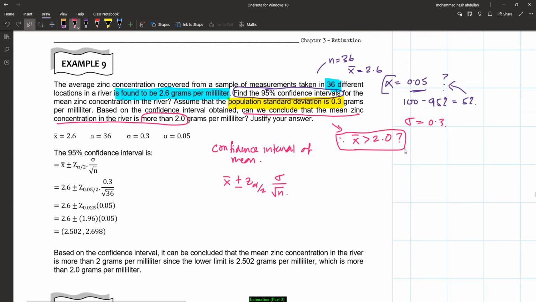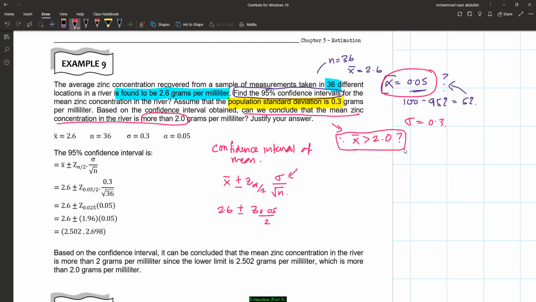X bar is 2.6 plus minus Z. Since our alpha is 0.05, we use 0.05 divided by 2, because this is a two-sided distribution.